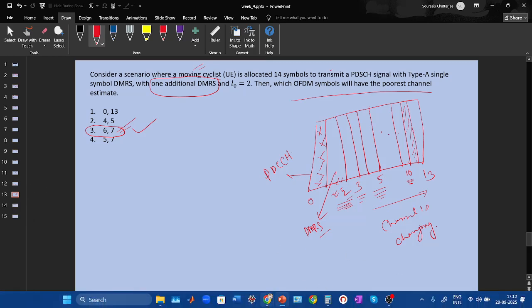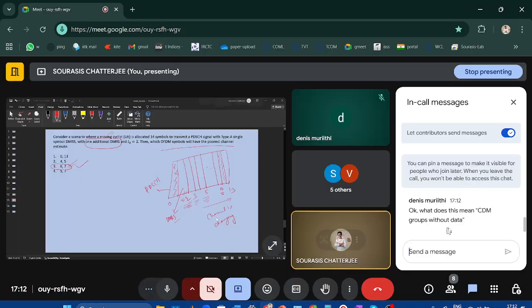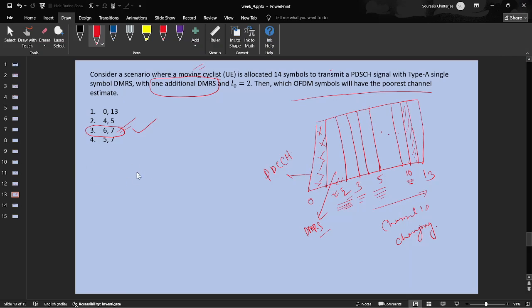But when you ask exclusively about the exact meaning of CDM groups without data, I need to find the exact definition. I will also append the answer to the last slide of the PDF that I will upload, and you can find the answer in that place.